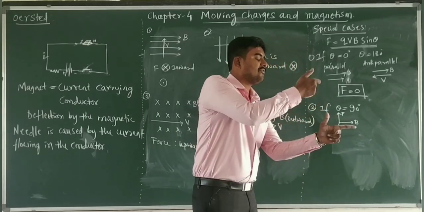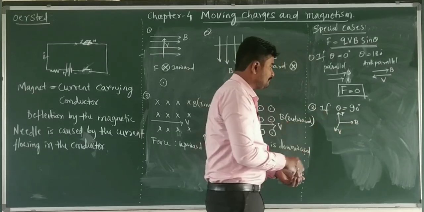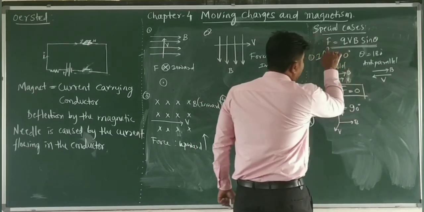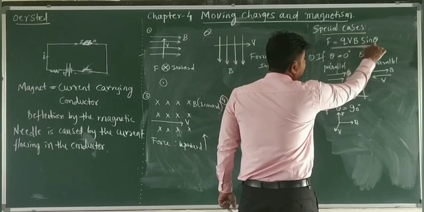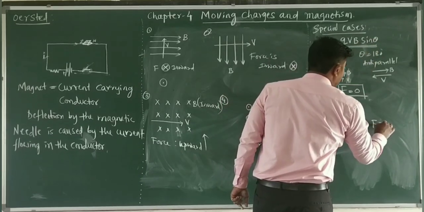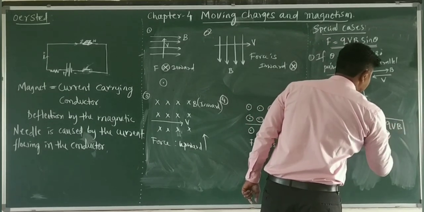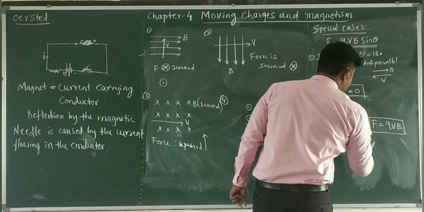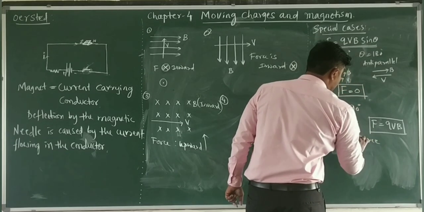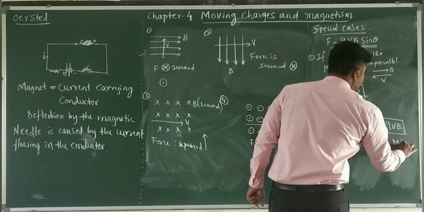In this case, F is equal to QVB sin theta. Sin 90 is 1, so F is equal to QVB. It means the magnetic force is maximum.